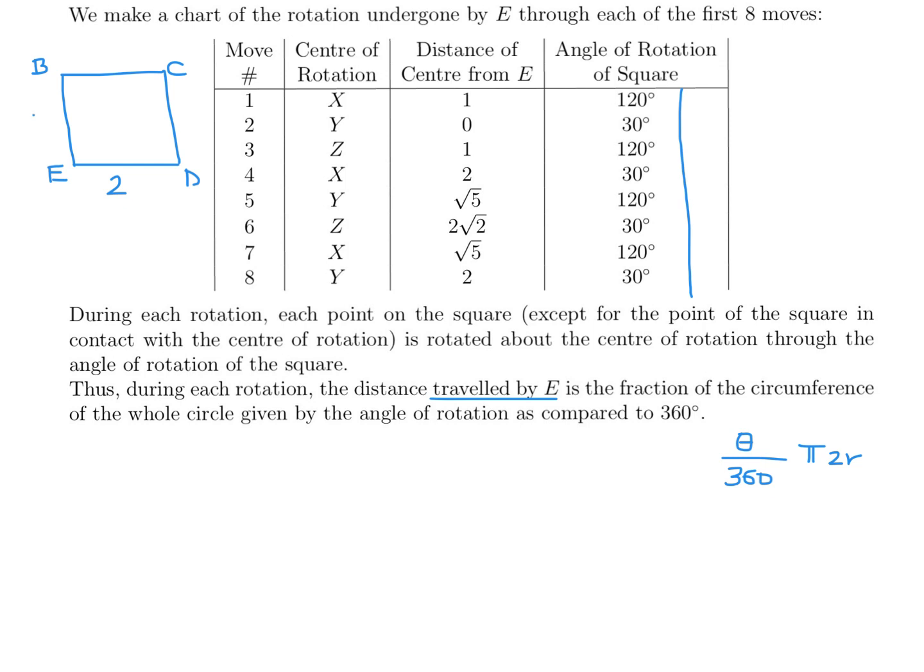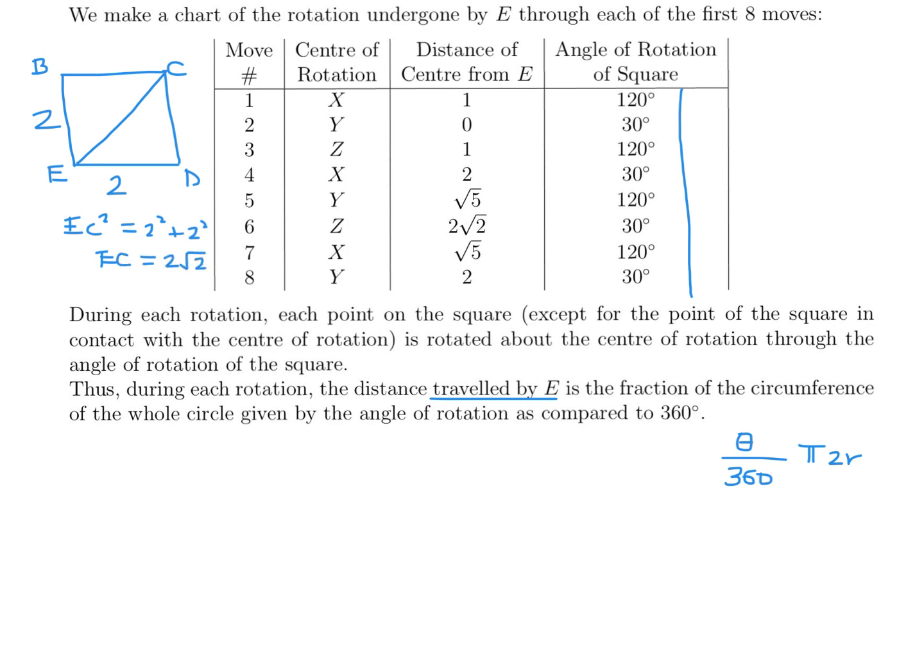And then E to B is also 2. That's pretty straightforward. But what if you're going from E to C? That's a diagonal. So you'd use Pythagoras, and EC squared would be 2 squared plus 2 squared. So EC is 2 root 2.